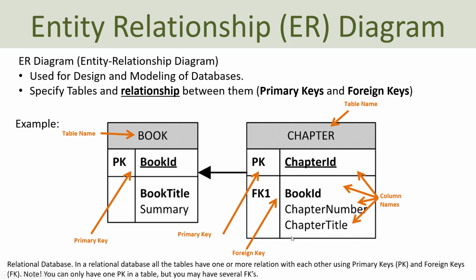And then in the chapter table we have different columns like chapter ID, which is the primary key. We have book ID, chapter number, chapter title, etc. And in this case we have also a foreign key which is pointing to this book table. So here the book ID is a primary key, and since this chapter table is mentioning the different chapters in a specific book that is listed in this table, we need to have the book ID as a foreign key here.